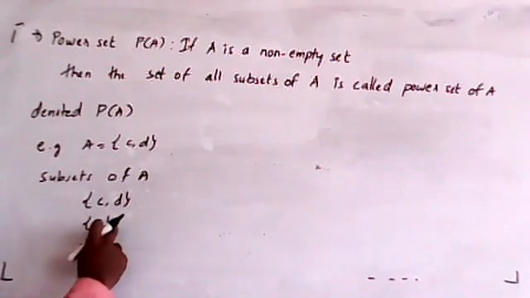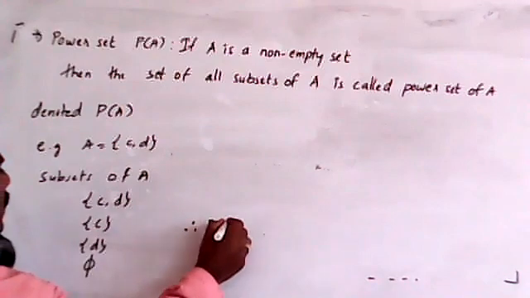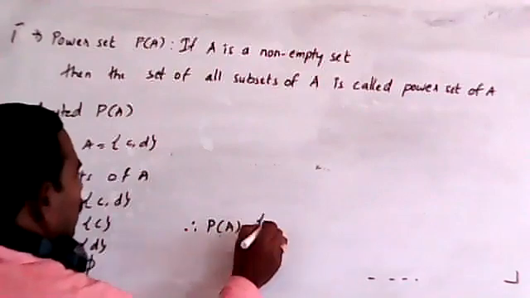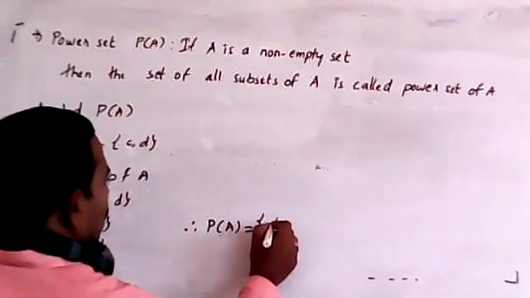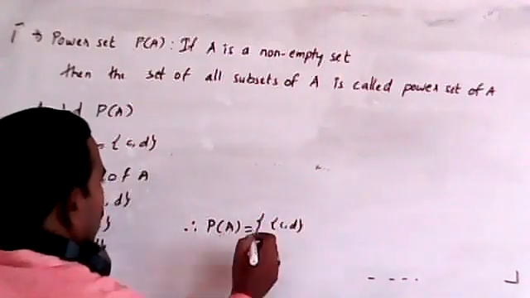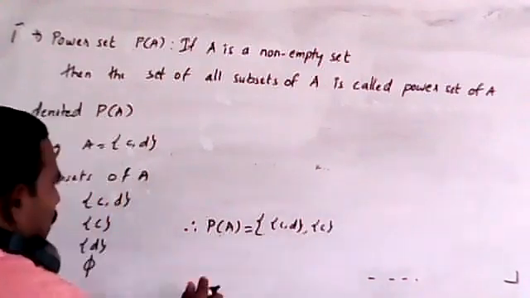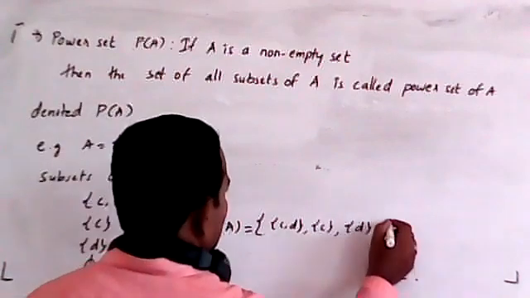You count: 1, 2, 3, 4 are there. Therefore, the power set of A is the collection of all subsets: C, D, the set C D, and the null set.